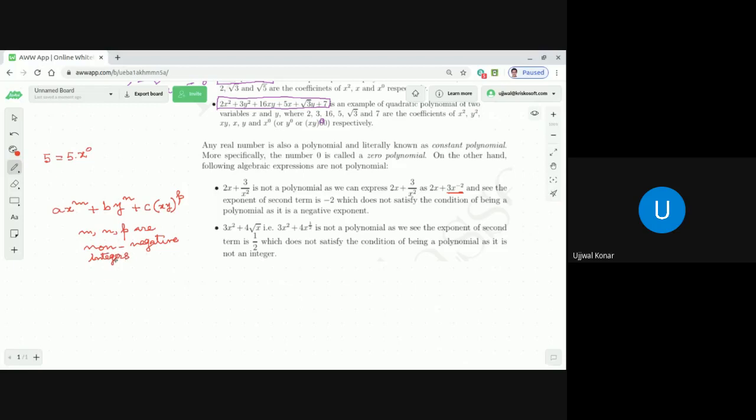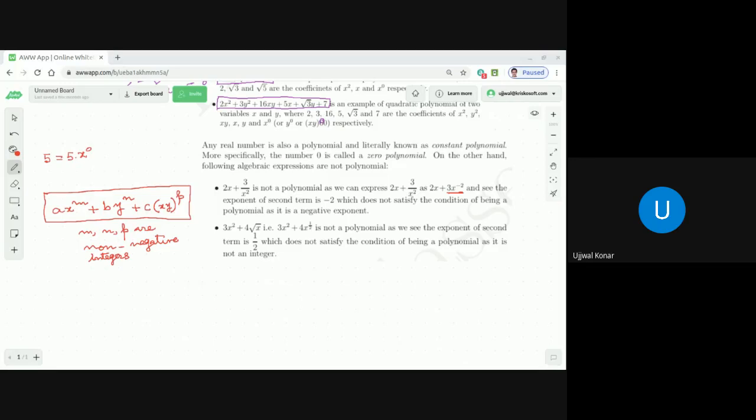Got it? If m, n, and p are non-negative integers, then this qualifies to be a polynomial. Otherwise, it doesn't qualify. Clear or not clear, dear students? I hope it is clear.